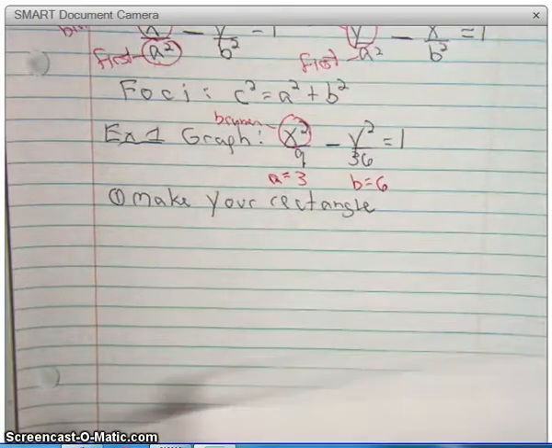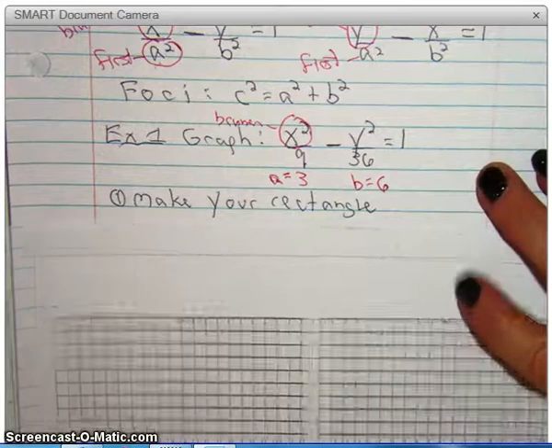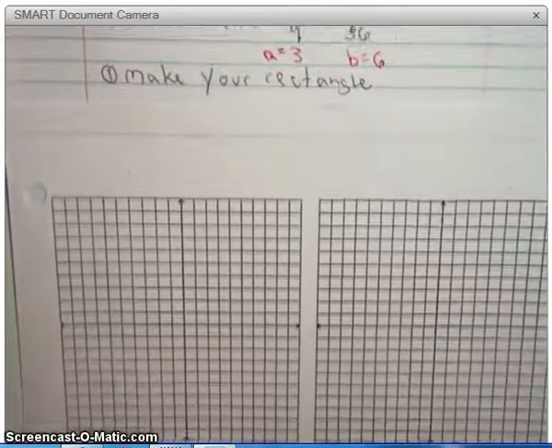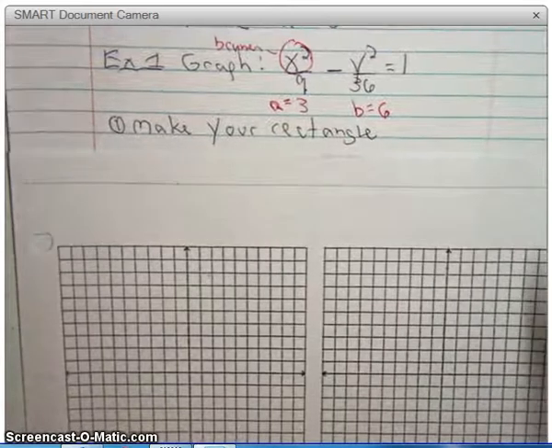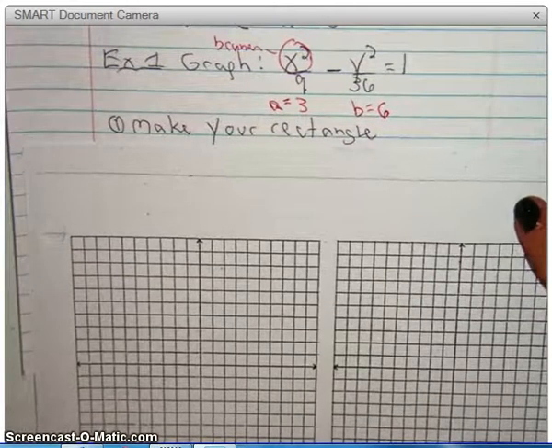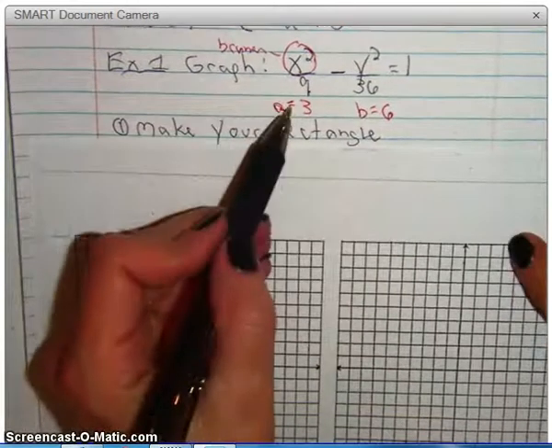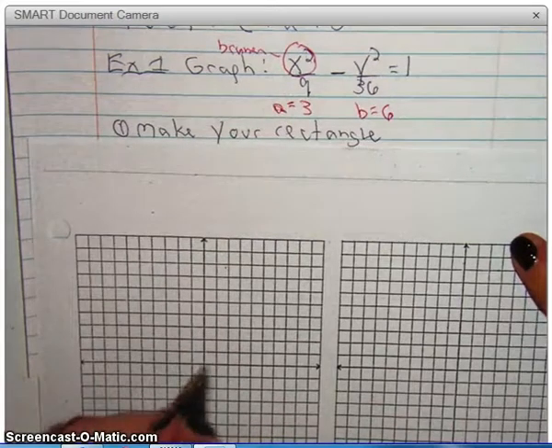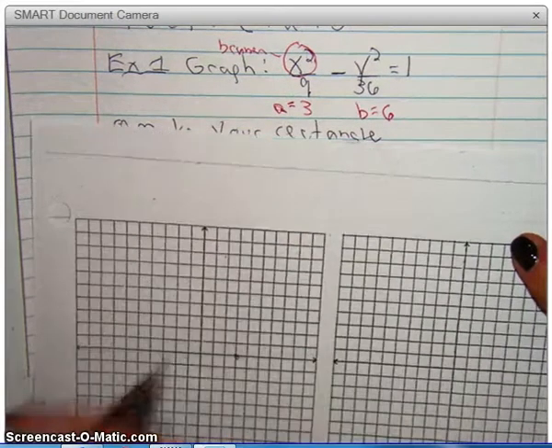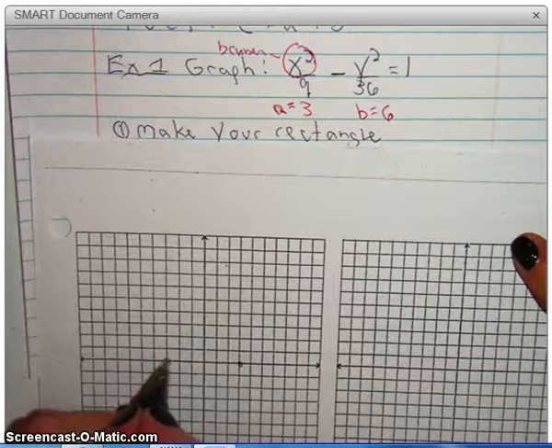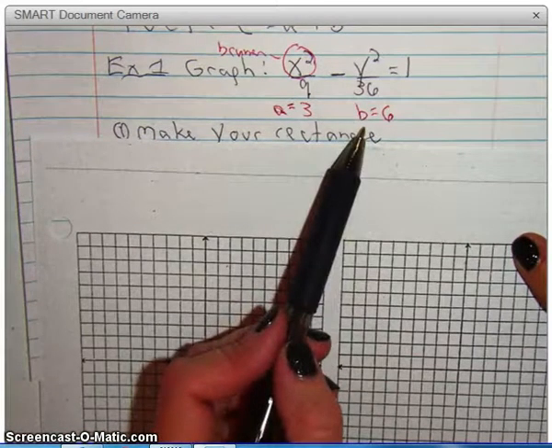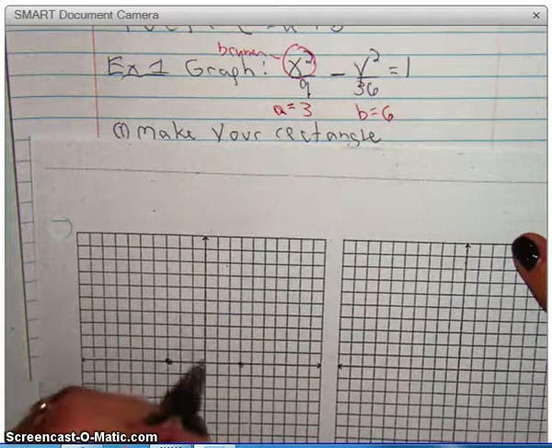Go to your graph paper. On the x-axis, because it's under x, we want to go left and right 3. On the y-axis, because it's under y, we want to go up and down 6.